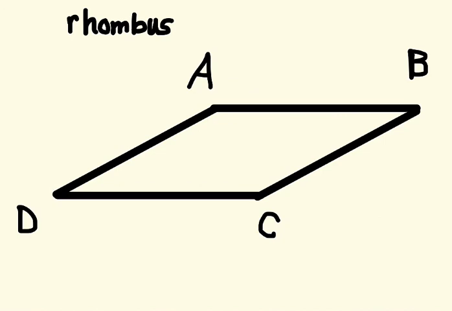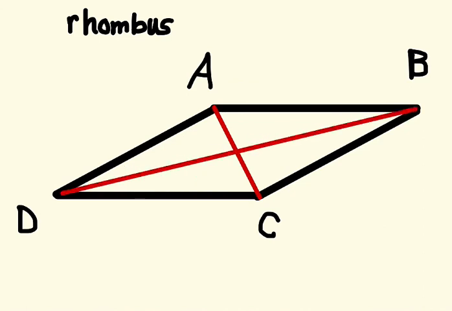The diagonals of a rhombus, they bisect each other. It's the same thickness. So we have AC, BD, and we know because it's a rhombus, the diagonals not only bisect each other, I'm sorry, they're not congruent, but they're 90-degree angles. They're perpendicular, right?